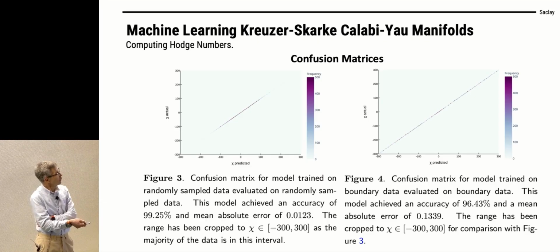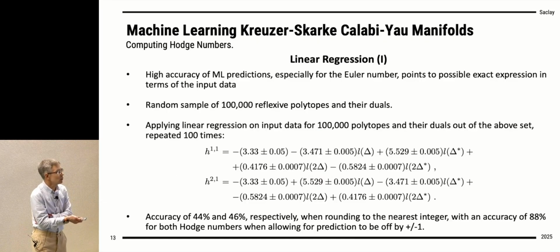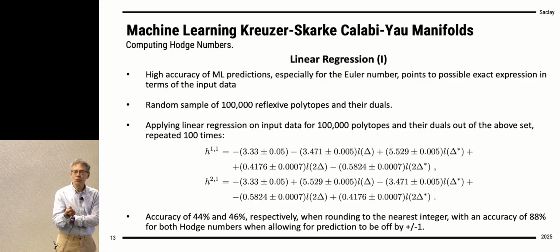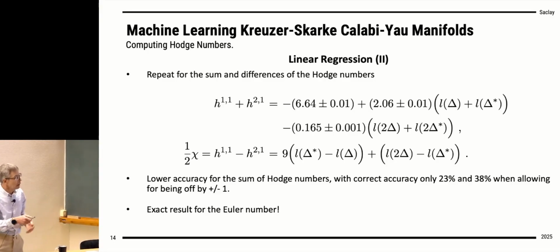That's very good. So we then did what we should have tried from the very beginning. I agree. I mean, you should start with the simplest machine learning, which is just linear regression. We did the same thing with the same number of data.